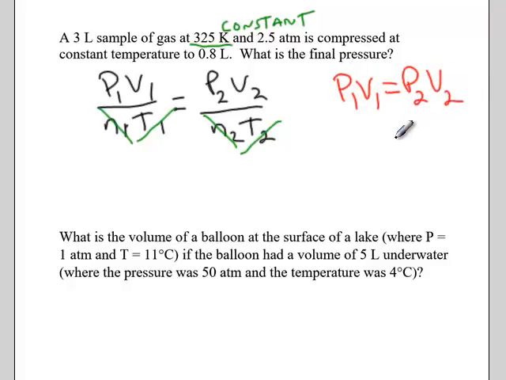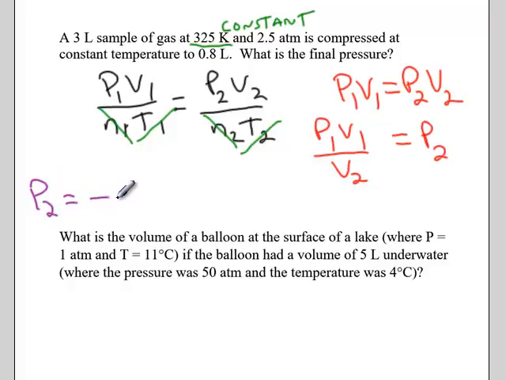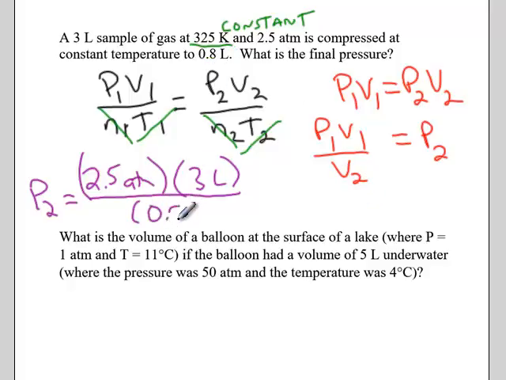And we want to solve for the final pressure P2, so we can divide V2 over to the left. So my final pressure equals my first pressure, which was 2.5 atmospheres, times my first volume, which was 3 liters, and divide that by my final volume, 0.8 liters.